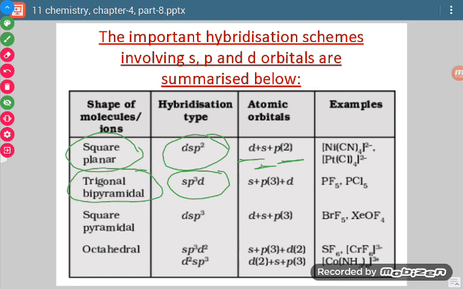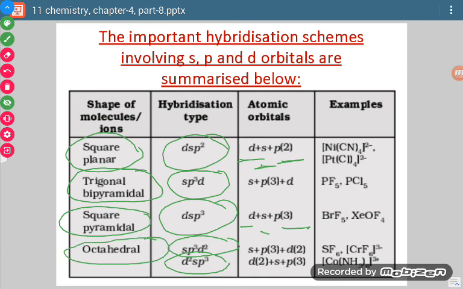Similarly, if one d orbital, one s orbital and three p orbitals combine, then dsp3 hybridization will occur and it will be square pyramidal geometry. Similarly, if we take inner d orbital or outer d orbital, but the total number of orbitals taken is 6, then there will be formation of octahedral geometry.